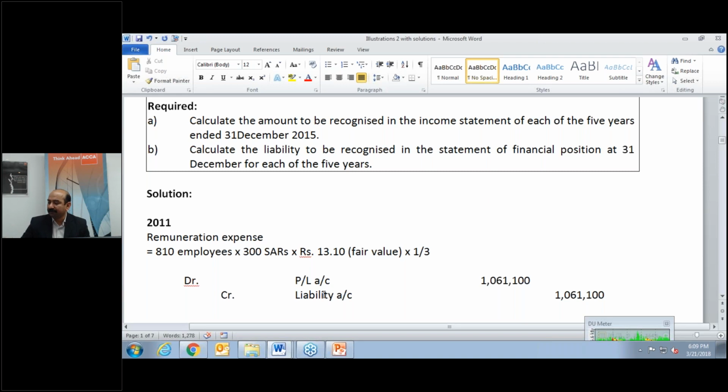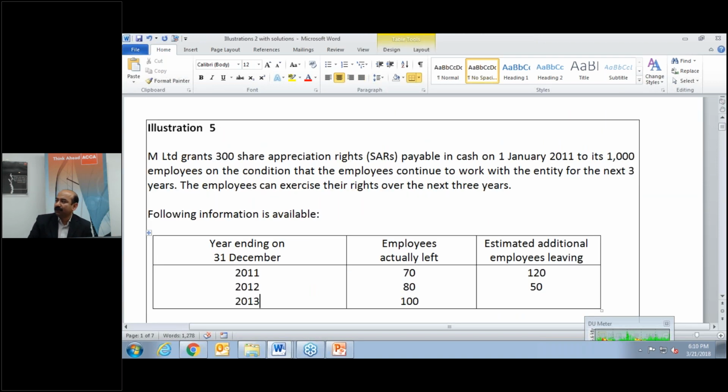Now in 2012, if we go back again, the 300 SARs will remain the same. We need to re-estimate the number of employees because we have moved further into the future. So the information is given at the end of 2012, which is this.